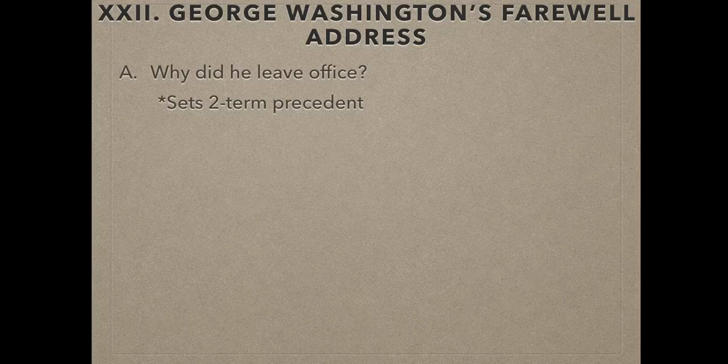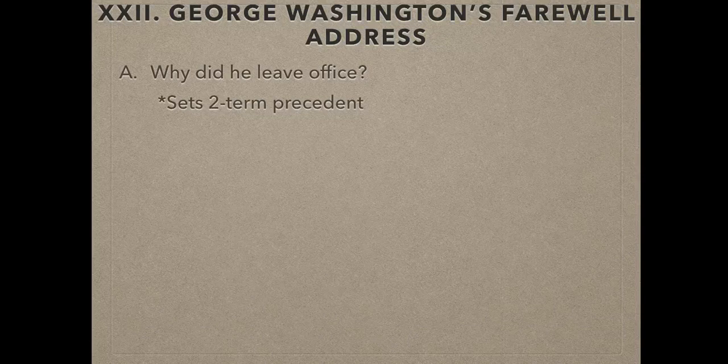But at the end of the 2nd term, he says, I'm not going to seek re-election for a 3rd term. And one of the things he says is not only because he doesn't want to be president anymore, but also because he doesn't want to set this precedent that someone could be president as many terms as they want. They could be president forever.